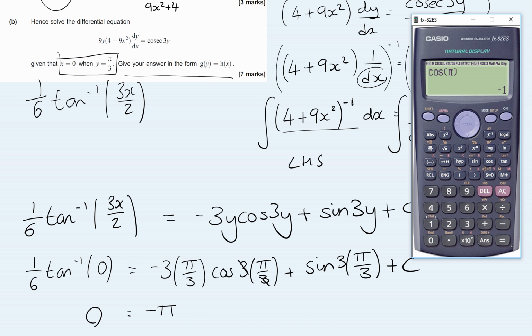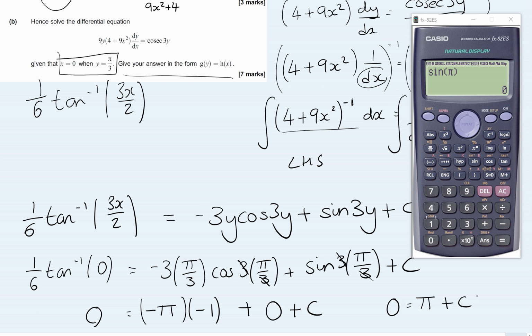So I've got minus pi times minus 1 for this first term. And again, the 3s cancel, so I'm now going to do sine of pi, and again, a standard result of 0, plus the c. Okay, so if we look at what we've got, I've got 0 equals minus pi times minus 1, so pi, plus c.